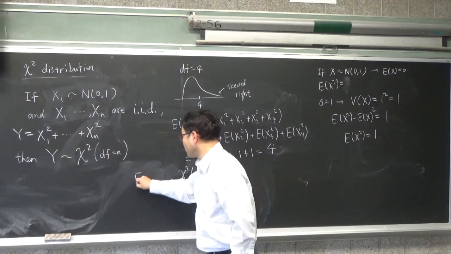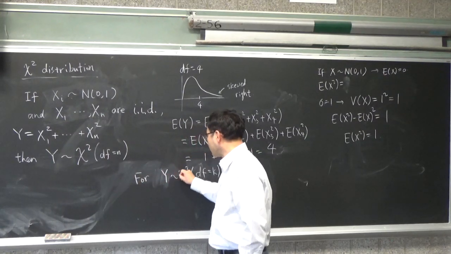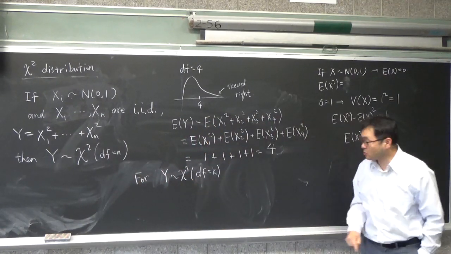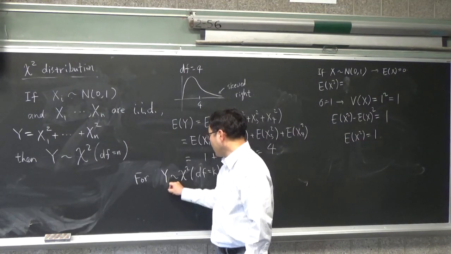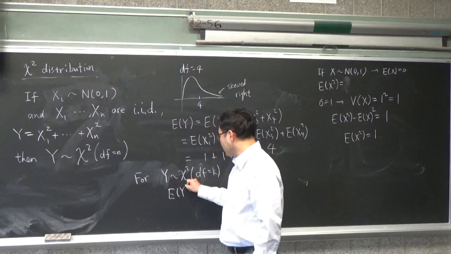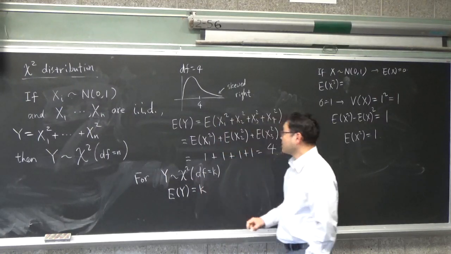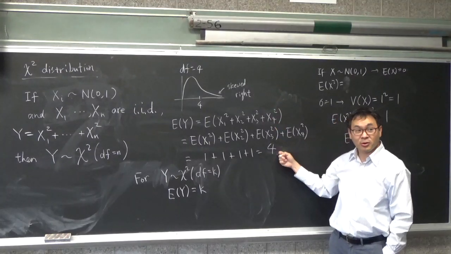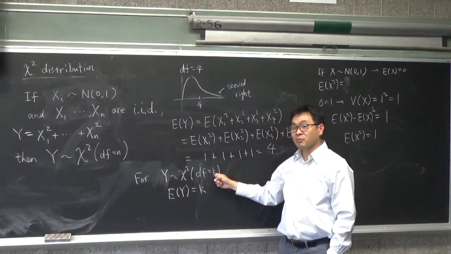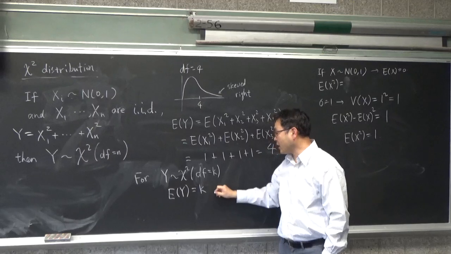For y following the chi-square distribution with degrees of freedom equal to k, the expectation value of y would be equal to k. That's what we observed right now: degrees of freedom 4, average 4. So if you have degrees of freedom k, the average will be k.